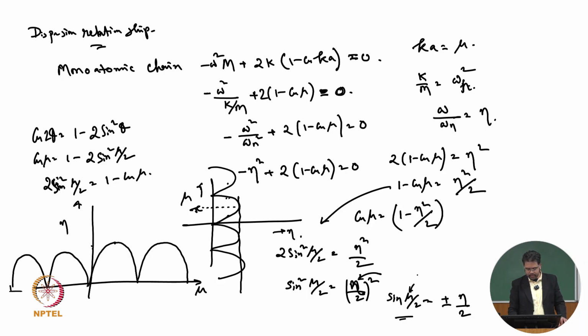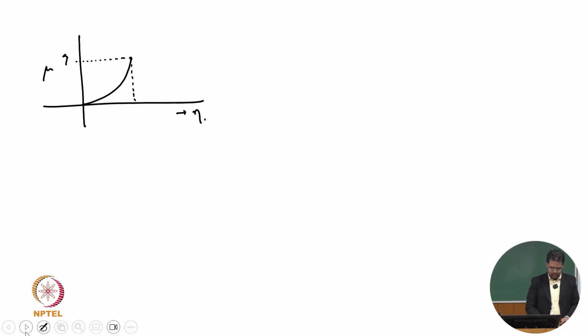If your mu is pi, then this becomes sin(pi/2), that is 1. So eta equals 2, and this is pi. Got that point? All of you agree with me?